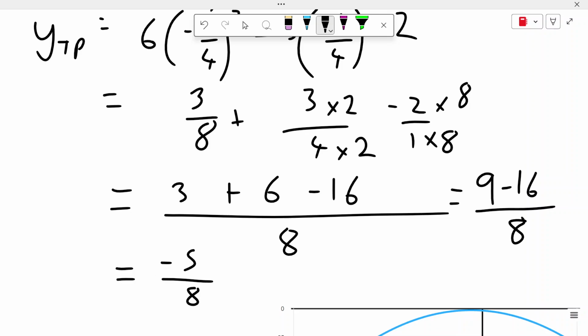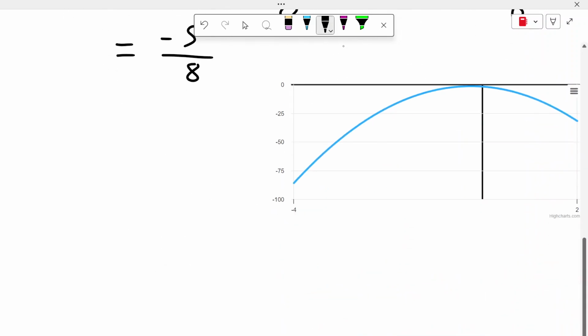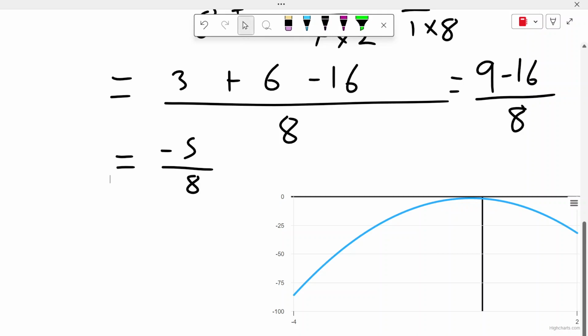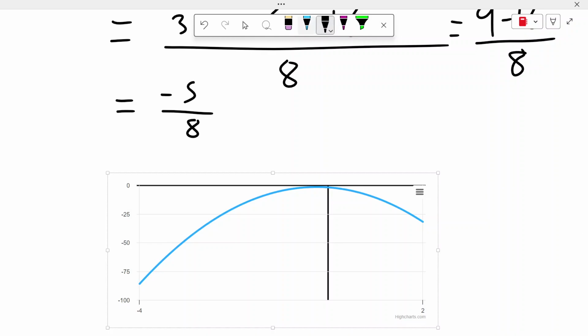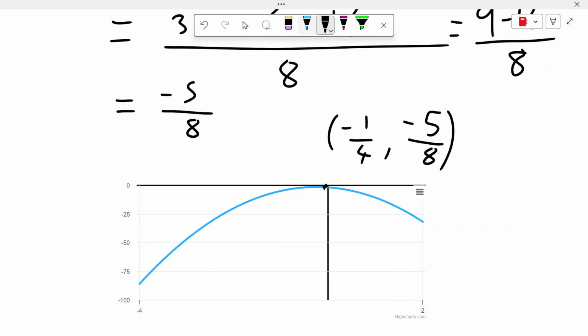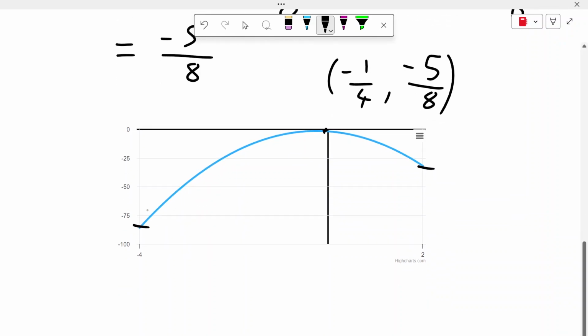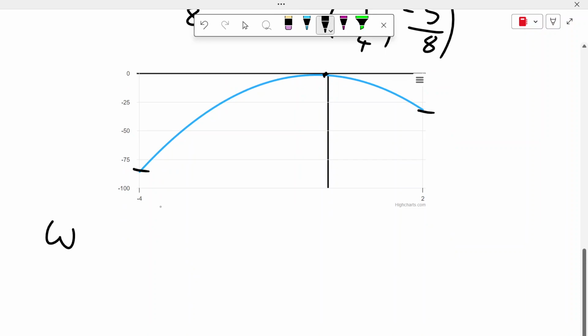Okay, so we also need to figure out these other components, right? We figured out that this top bit here happens at x equals -1/4 and y equals minus 5 on 8. But we haven't quite figured out what this value is and this value is. So let's substitute it in to find out the values. So what's this left one? Well, that would be when x is equal to minus 4.